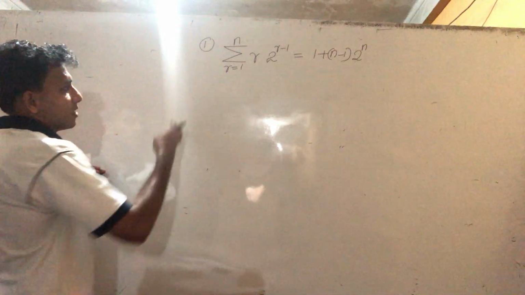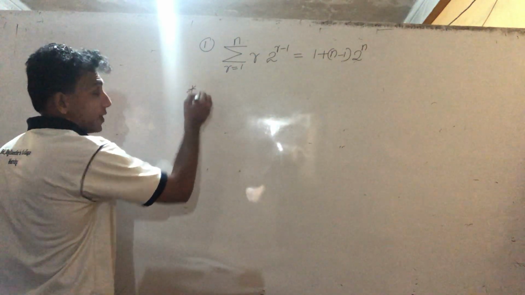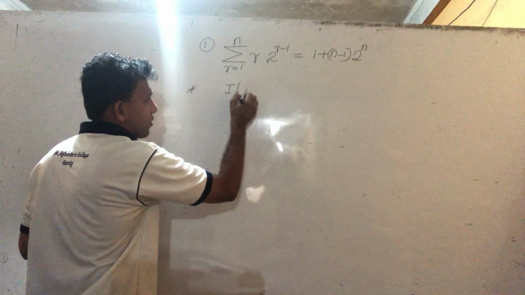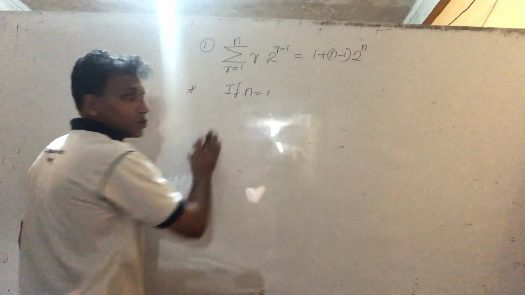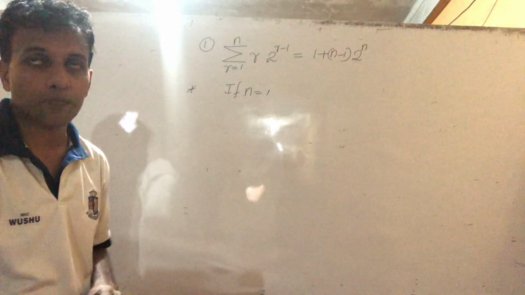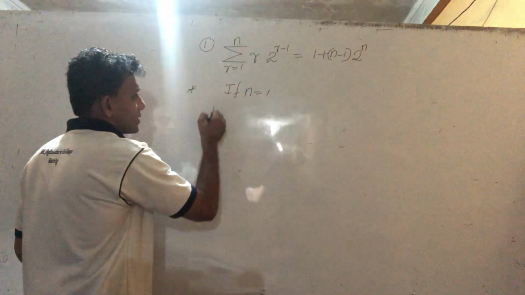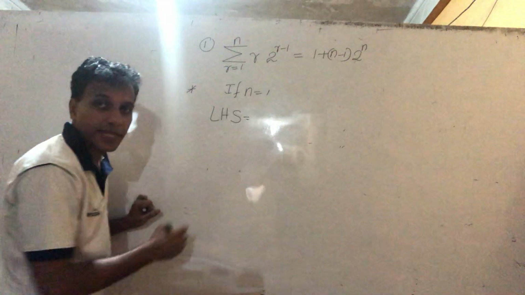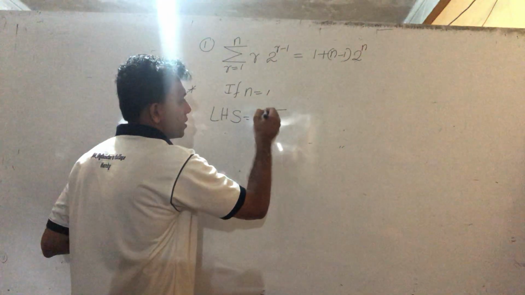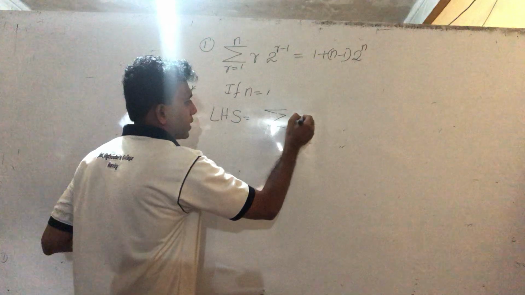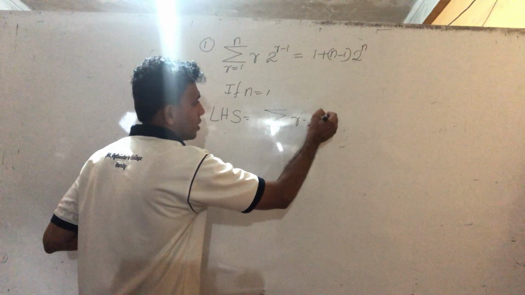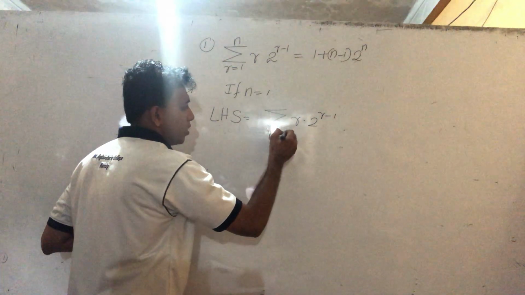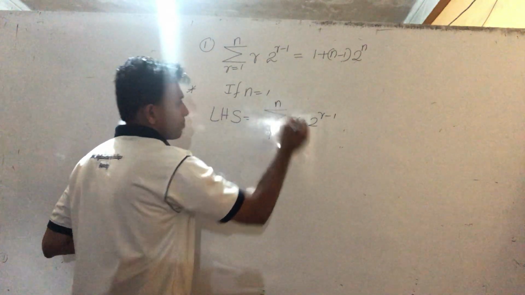Okay, what is the idea? First, show the first point: if n equals 1, show this is true. Left hand side, LHS: sigma r into 2 to the power r minus 1, r equal 1 to 1.